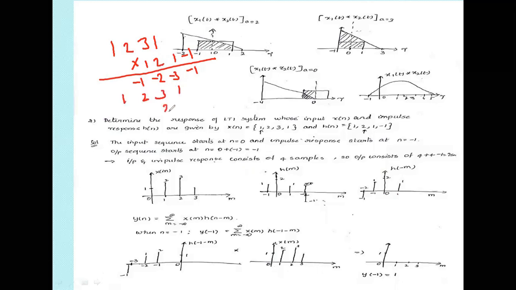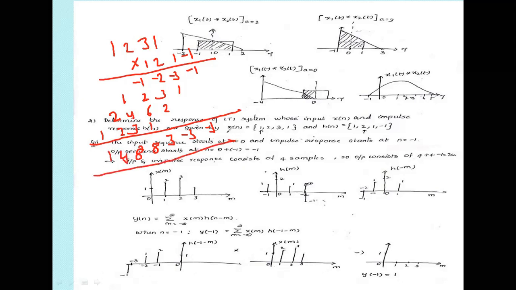With the 2: 2, 6, 4, 2. And with 1: 1, 3, 2, 1. See the values: minus 1 here, minus 3. 2 plus 3 is 5, 5 minus 3 again is 3. 6 plus 2, 8, 8 plus 1, both are cancelled, 8. And 4 plus 3 is again 8 here. 2 plus 2 is 4 and 1.